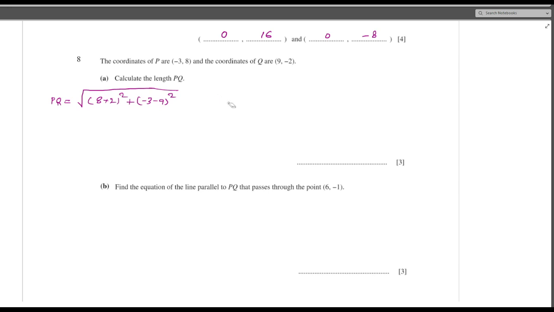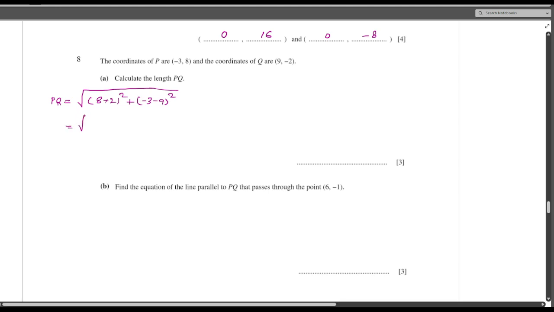So whether you square a negative number or positive number, in both cases your square is going to be a positive number. Now here the length PQ is 8 plus 2 is 10, 10 square is 100, and minus 3 minus 9 is minus 12 and its square is 144.